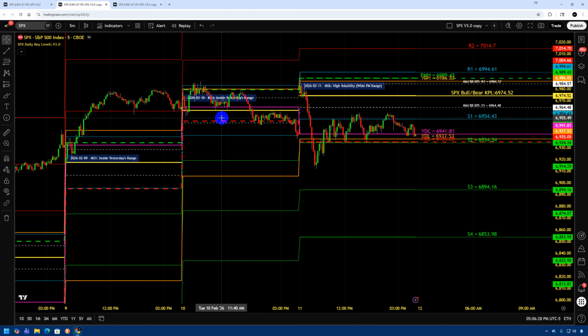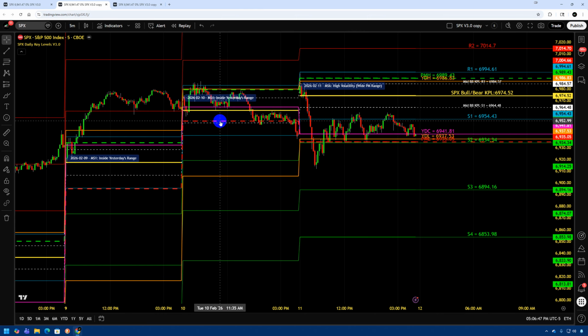Is that the extent of moves up, and what is the extent of moves down in recent sessions before stalling or reversing back in the opposite direction? That can give you ideas for taking trades off of other levels.